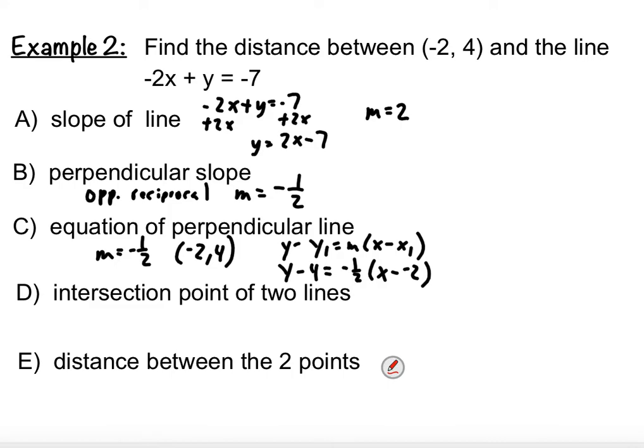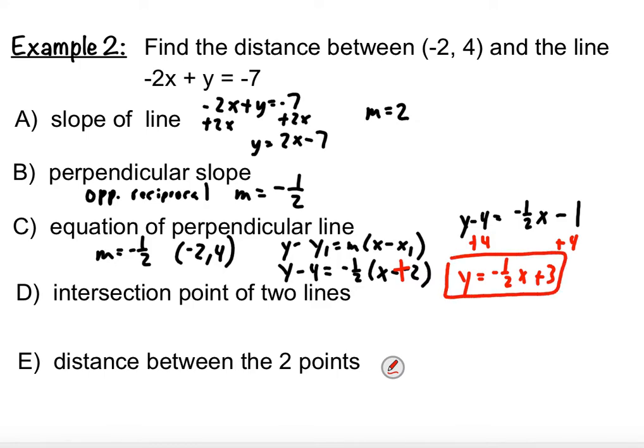Notice we have a minus, so let's change that to a plus. Distribute your -1/2 through. Bring the 4 on over. And there is our equation of the perpendicular line.